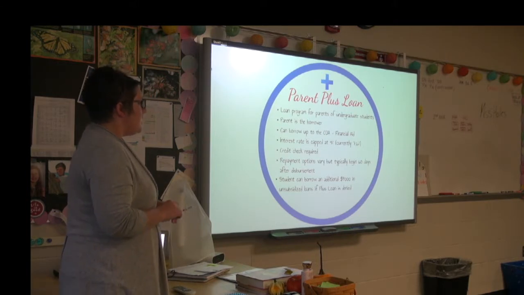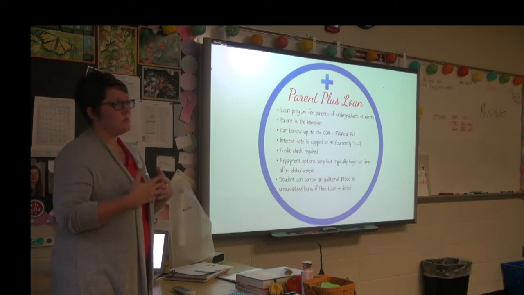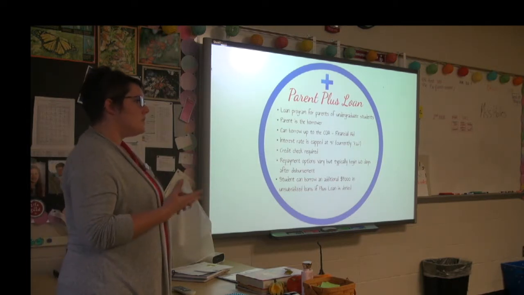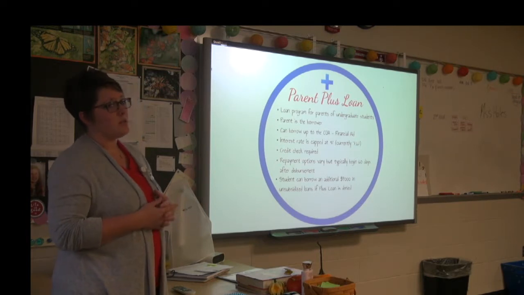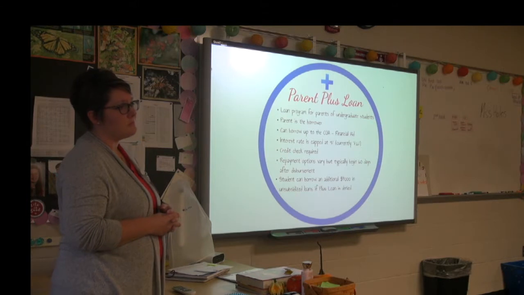So if your student is short and you need a Parent Plus loan, but as a parent you don't have good credit, and it's going to be denied, you still may want to consider submitting the application, because with a denial they do get the additional unsubsidized loan in their own name to help them out.